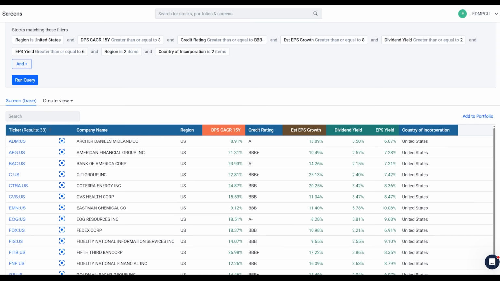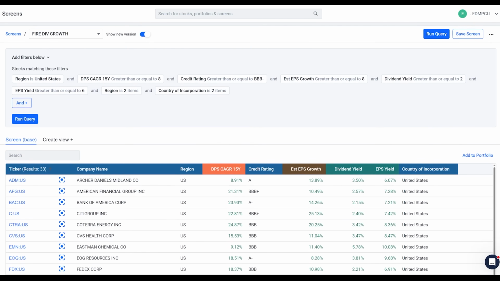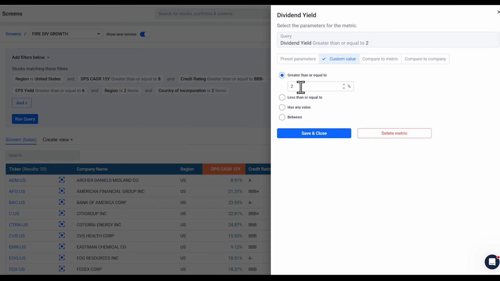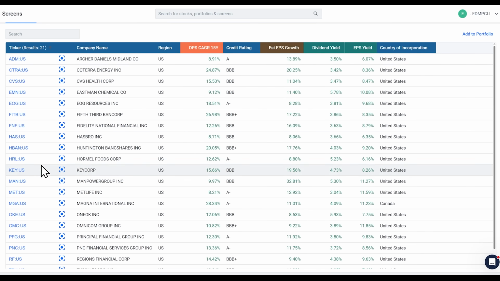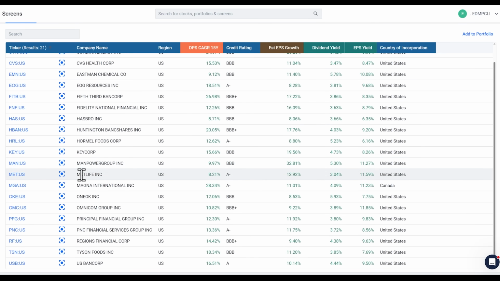But anyway, I've created this screen now, and I've run the query, and I'm going to be massaging it a little bit. For example, watch what happens if I decide that I'm going to screen for 3% or better. If I save and close, I go from 33 names down to 21 names. So why would I do this? If I was looking for, say, a client portfolio that I needed to build, and they had to have at least a 3% yield.